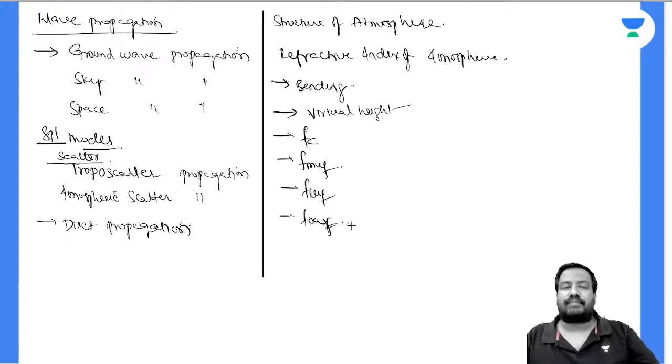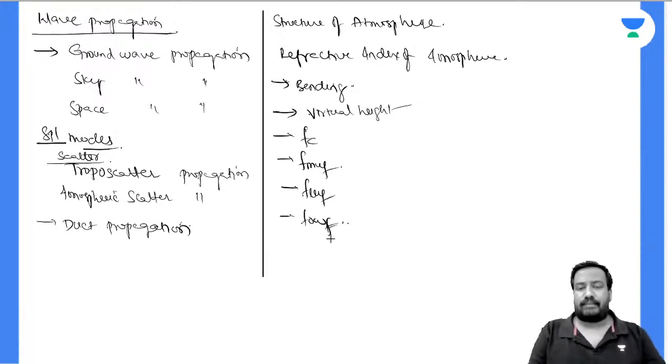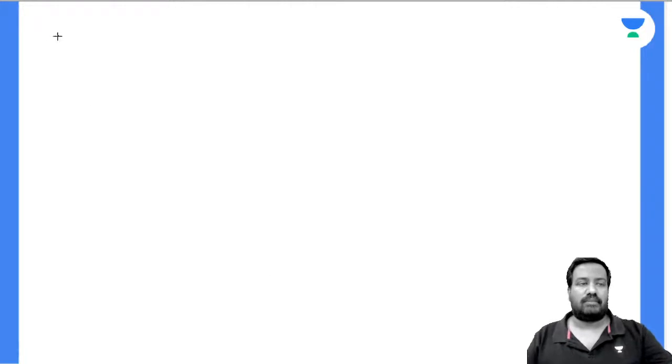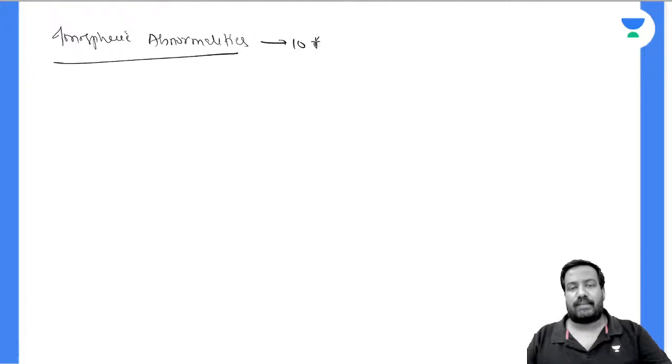Besides this, we had seen ionospheric abnormalities, and we had discussed about 10 important causes for ionospheric abnormalities.